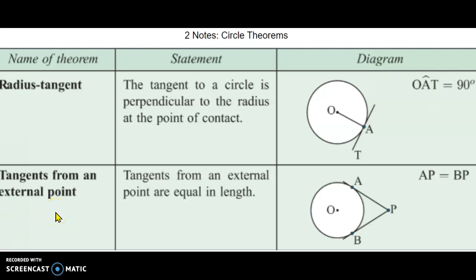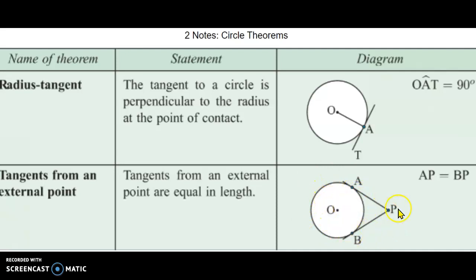Tangents from an external point. It says tangents, plural, from an external point are equal in length. So if we have a circle and a point, let's call it P. If we connect P with one point on the circle, and then connect P again with another point on the circle, that means P is connecting two tangents of the circle.